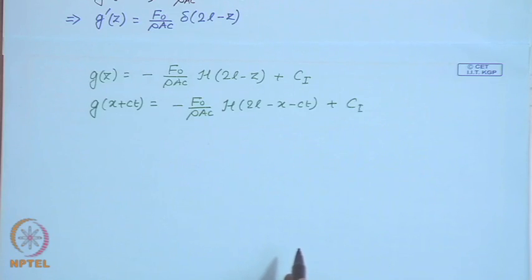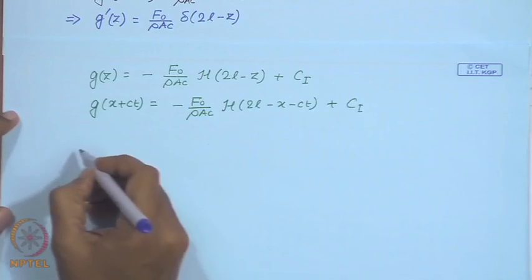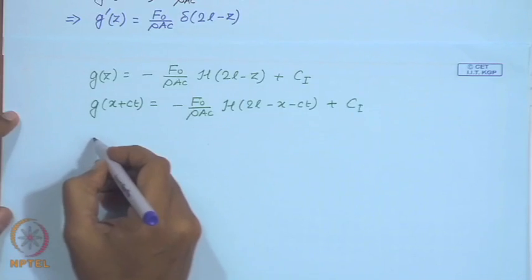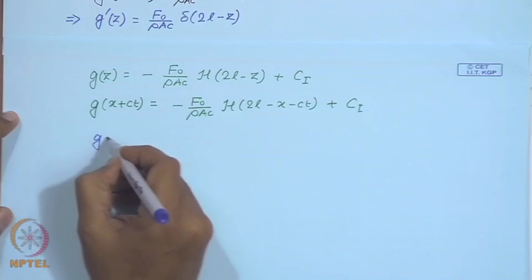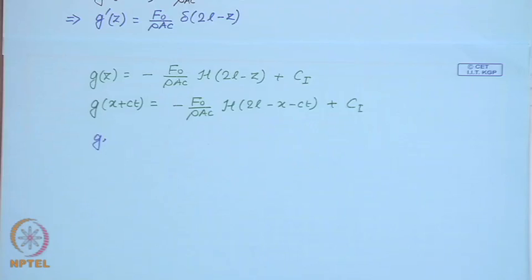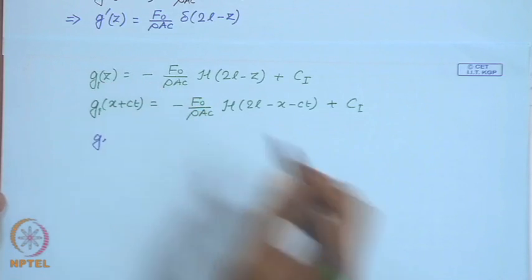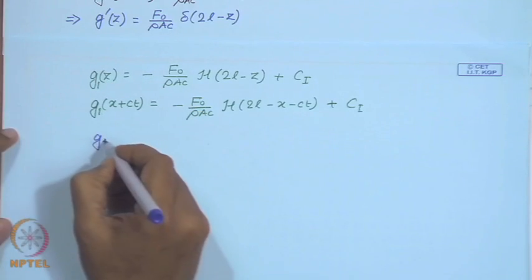Now we will use the condition that at t equal to L over C, this solution is 0. These are all g 1.